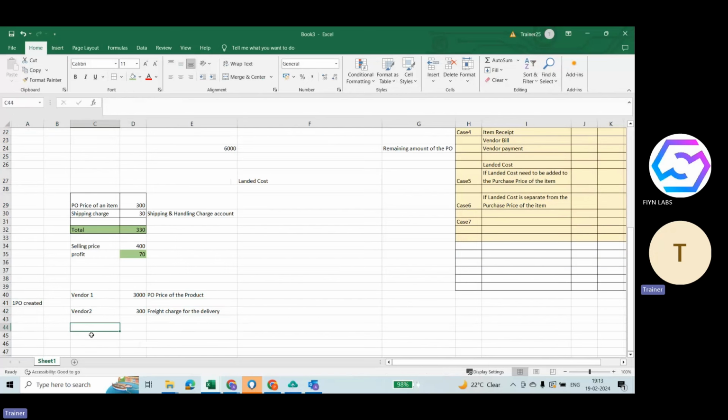At the end of the day, the supplier will receive the payment in total $3,300. However, that amount needs to be distributed between these two vendors. So the scenario will become like this: if landed cost is charged separately by another vendor.